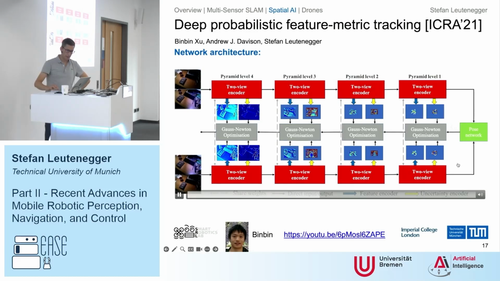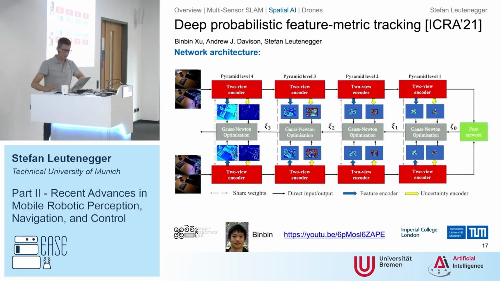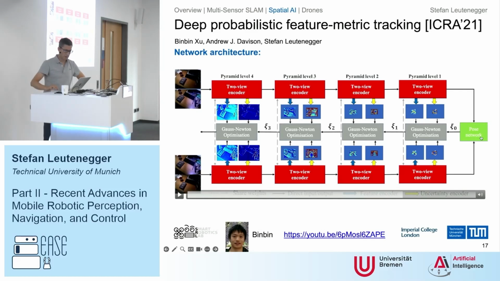And ultimately, and that's important, once you downsample enough, you can feed this through a fully connected neural network in the end to come up with an initial guess of the relative pose. Now, this initial guess is not very accurate. That's maybe something that's also part of learning, right? It's just a regression problem that is not super accurate, but it is accurate enough to then go back in a coarse-to-fine way through these Gauss-Newton optimization steps.